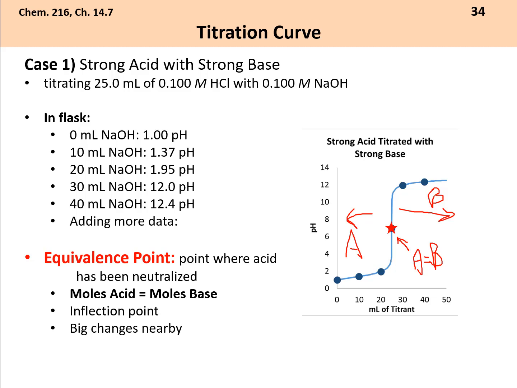This is the key to titration curves. Notice that the pH at that equivalence point is 7. That is what happens when I have strong acid with strong base.